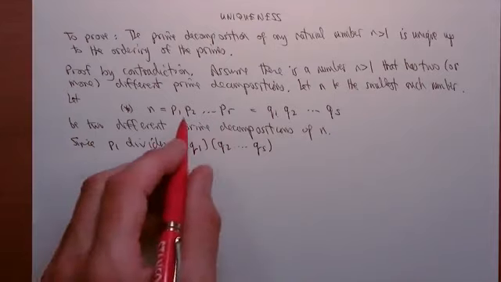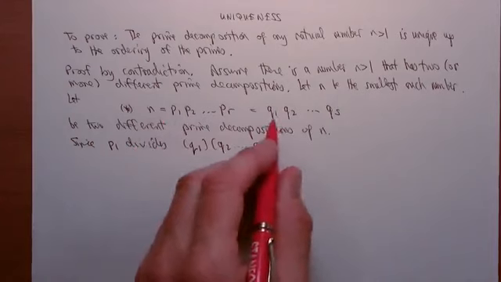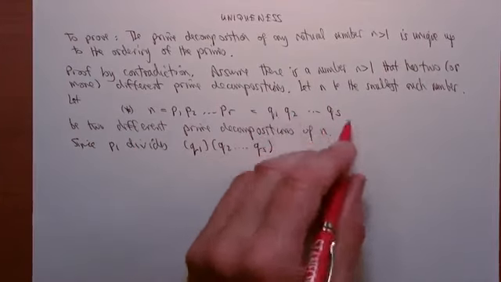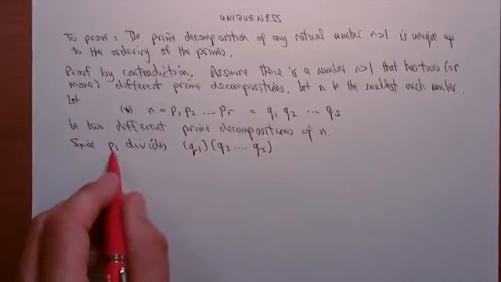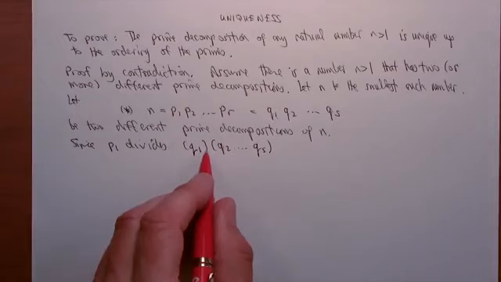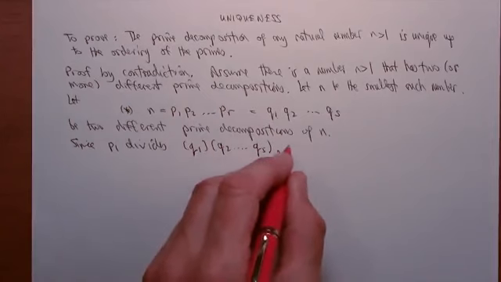I've said p1 divides n, so p1 divides this, and I'll split that into two that way, and notice that p1 divides q1 times that. And I've done that in order to apply Euclid's lemma.